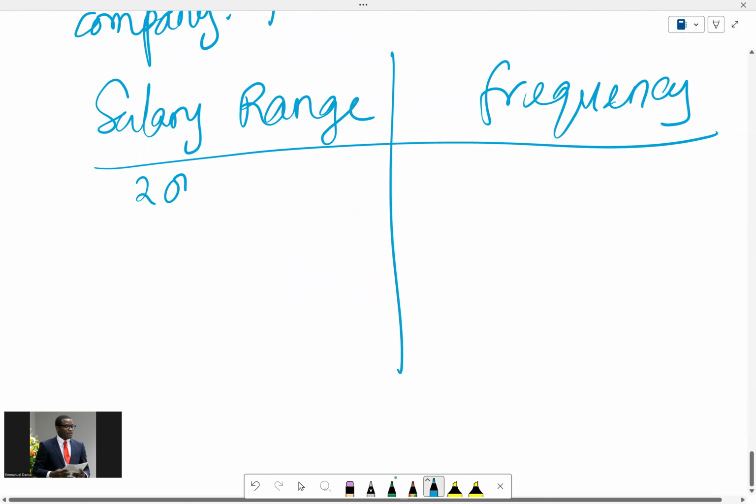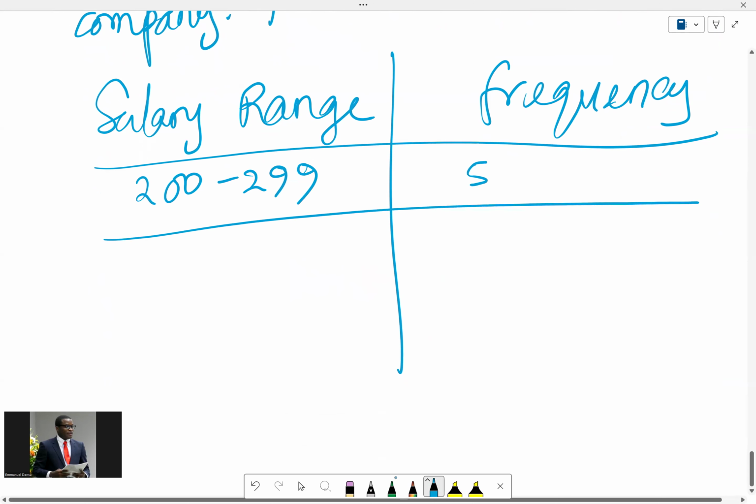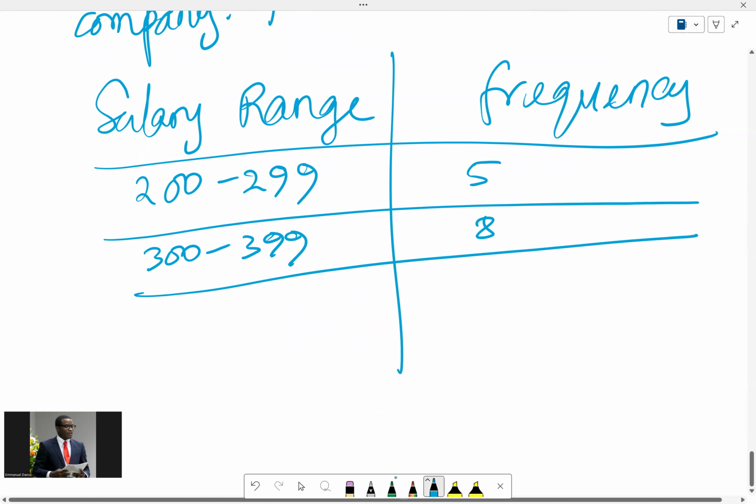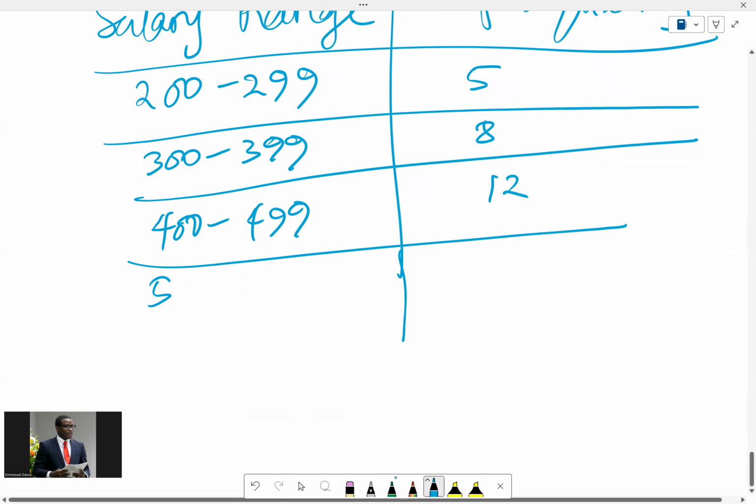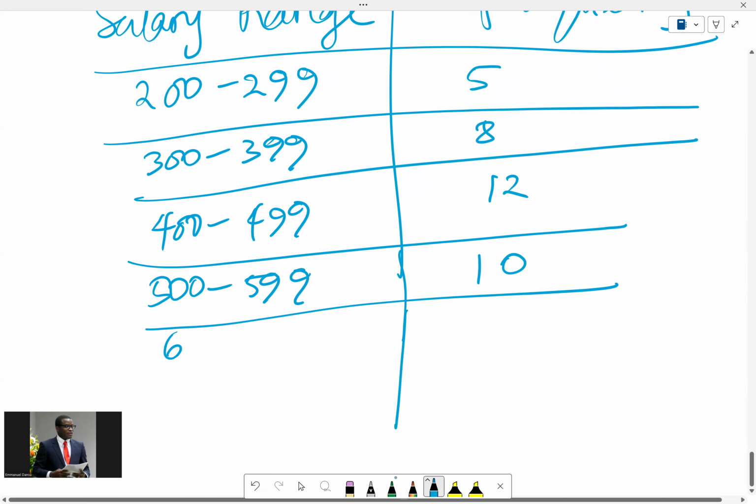So 200 to 299, we have 5 people earning that. 300 to 399, we have 8 people earning that. 400 to 499, we have 12 people earning that. We have 500 to 599 with 10 people earning that. We have 600 to 699 with 7 people.